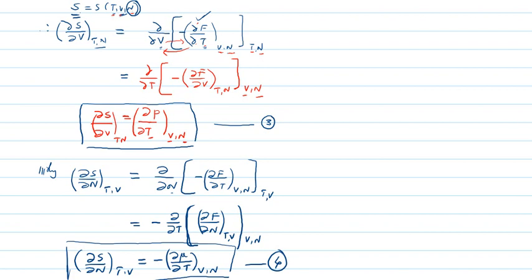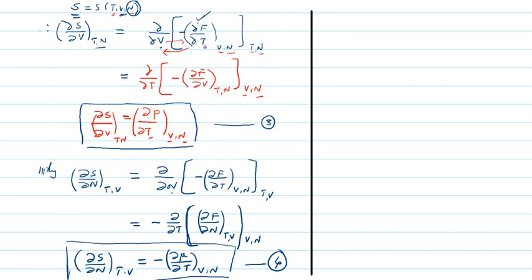In the same manner you can get one more relationship. Let me consider dou P by dou N. Actually you could have taken the other one, dou S by dou T, but that doesn't have much relevance because S and T will be coming together.